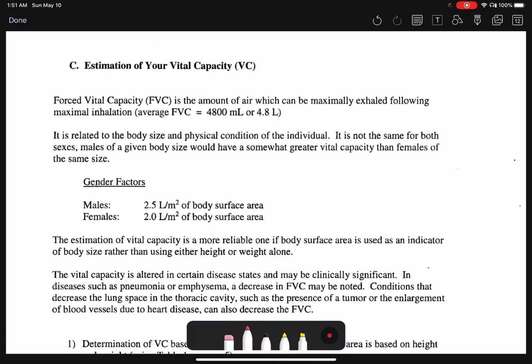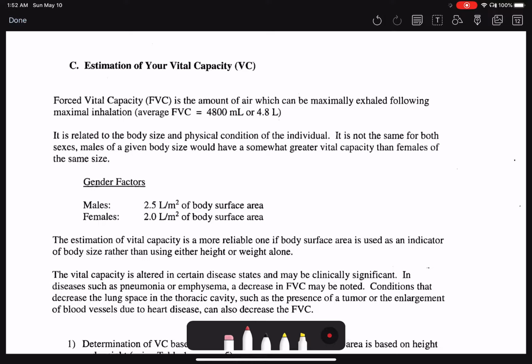So again, the big picture here is we're using a nomogram to find my estimated surface area of my body, and then we're going to multiply the estimated surface area of my body times a gender factor. The gender factor is just a number based on whether you're a male or a female, because that is going to have a significant predictive value as far as what your estimated forced vital capacity may be.